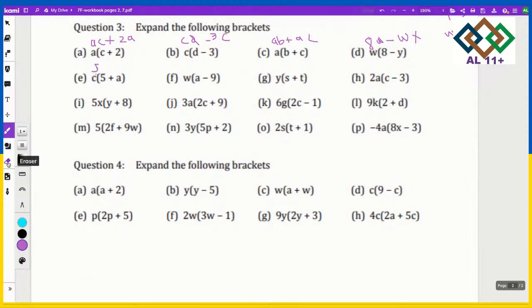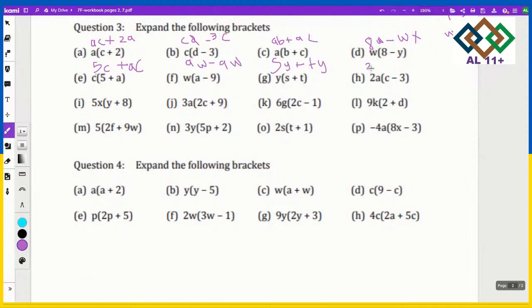E would be, what's happened to my fives today? 5C plus AC. F would be AW minus 9W. Then you have SY plus TY.